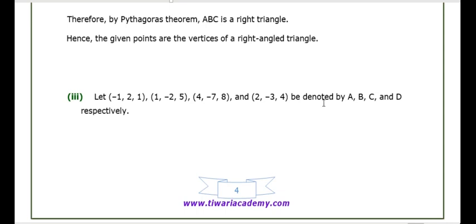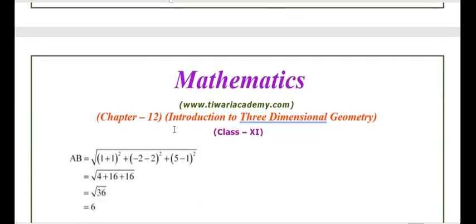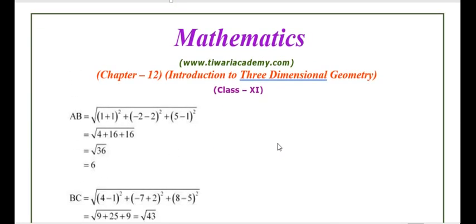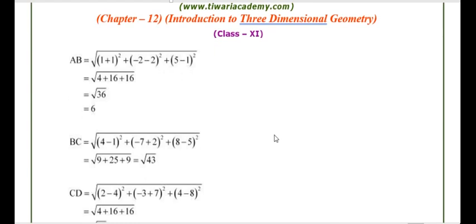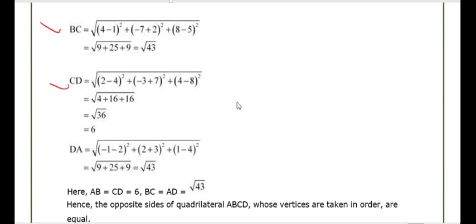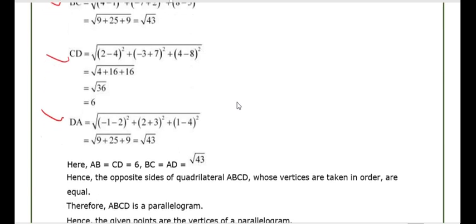I want to prove that these four vertices, say A, B, C, D, are the vertices of a parallelogram. Alright, so first find out AB, then find out BC, then find out CD, DA.